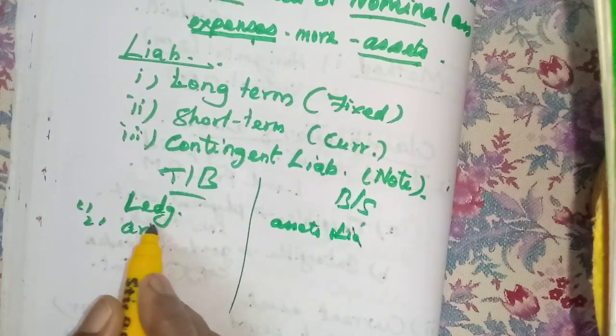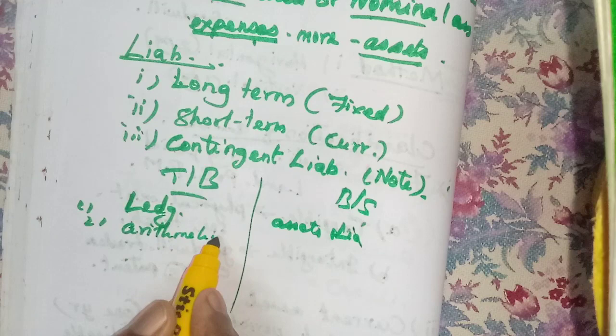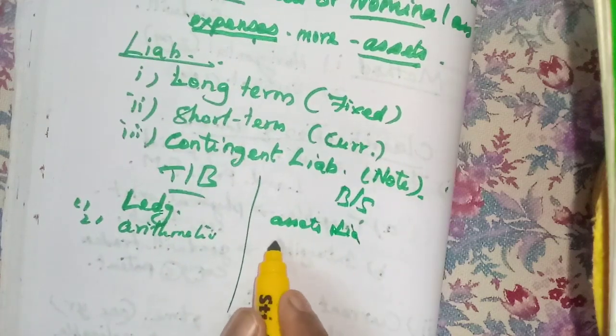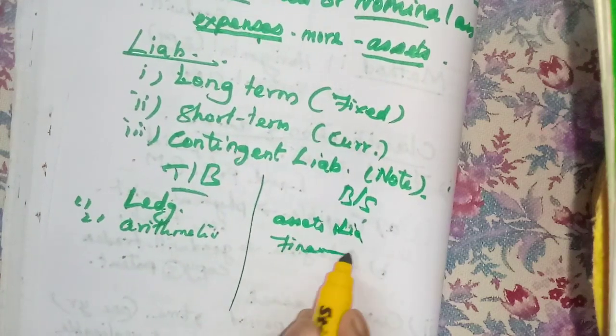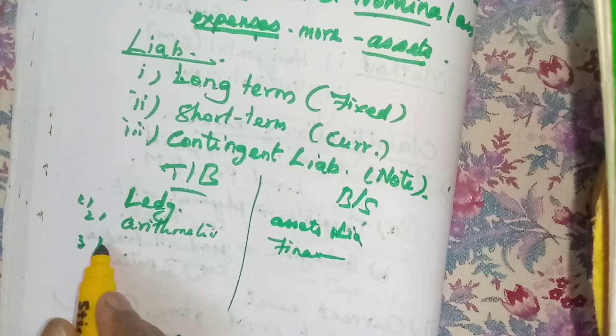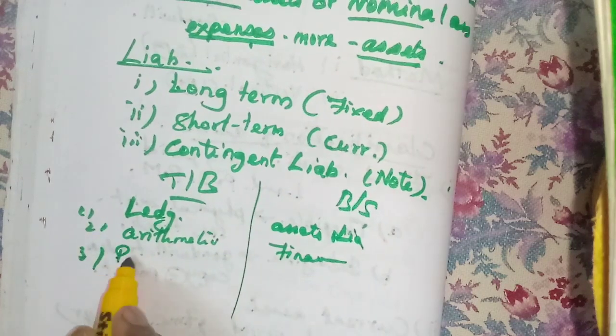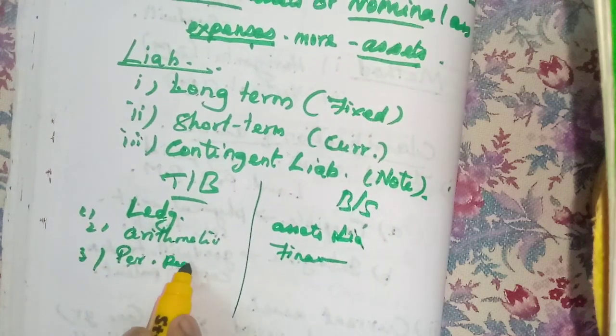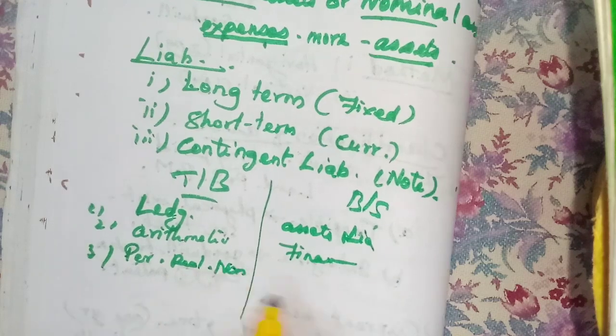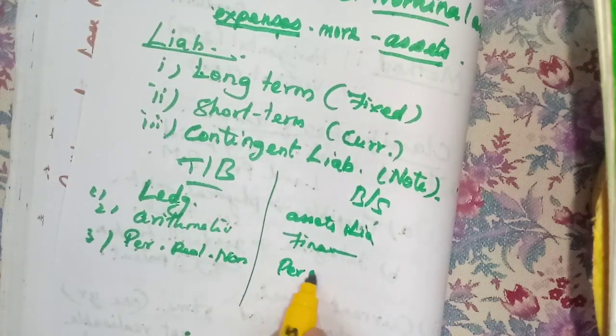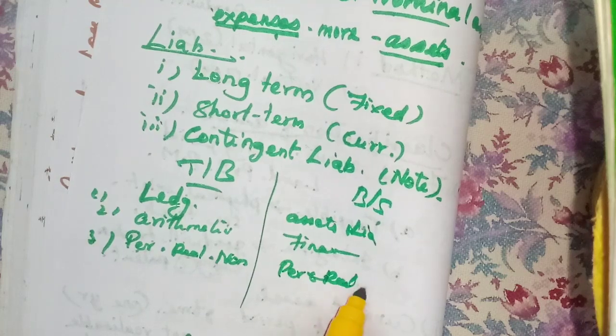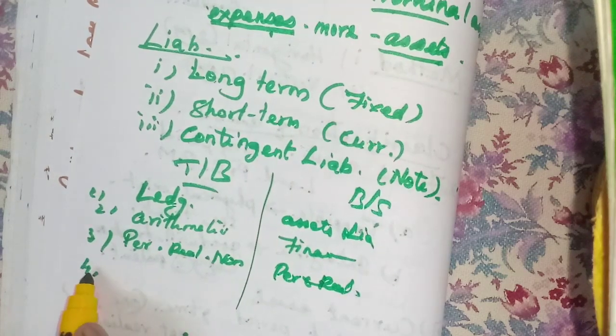To check the arithmetic accuracy of the books, while the balance sheet is to find out the financial position of the business. The trial balance is a summary of all personal, real and nominal accounts, but in the balance sheet only the personal and real account balances are shown.